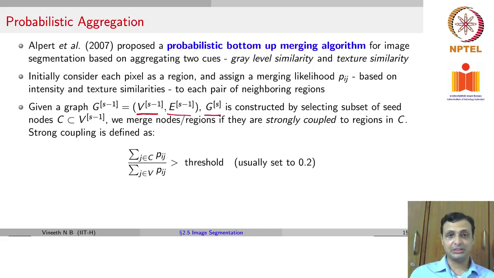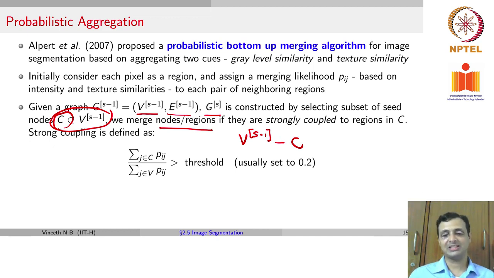So the graph at the next iteration Gs, where you hope to merge a few regions, is obtained by considering a subset of seed nodes C from Vs-1, and you merge nodes or regions if they are strongly coupled to regions in C. So you would consider the other nodes, which are in Vs-1 minus C. Those would be the other pixels in Vs-1.